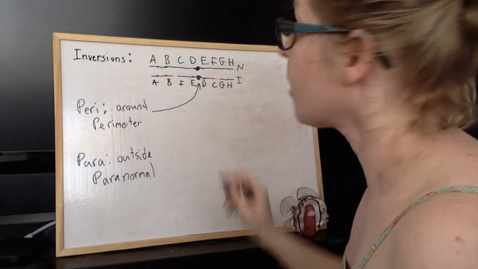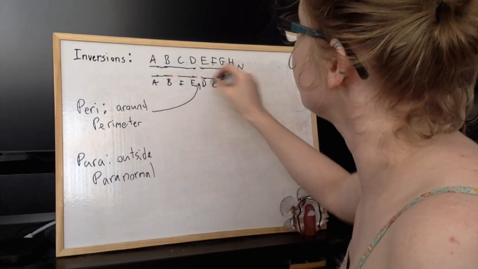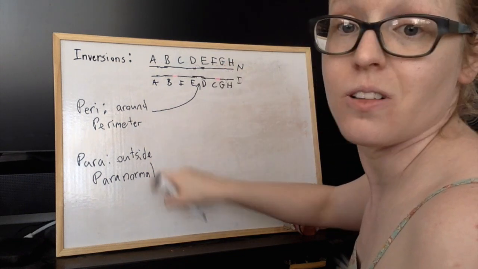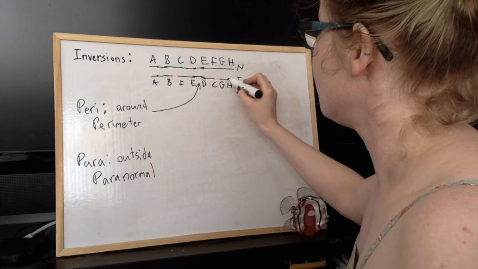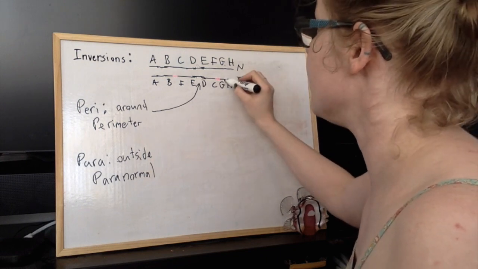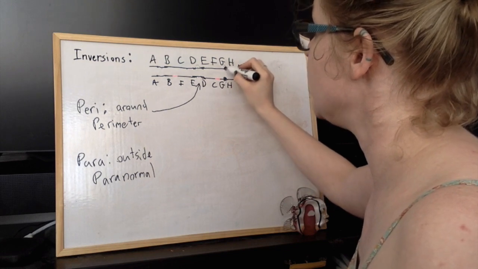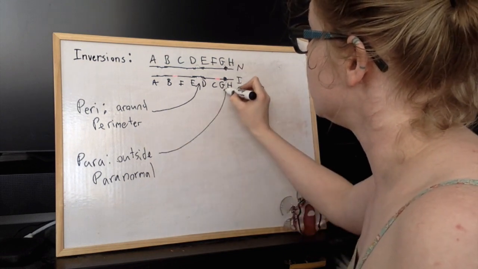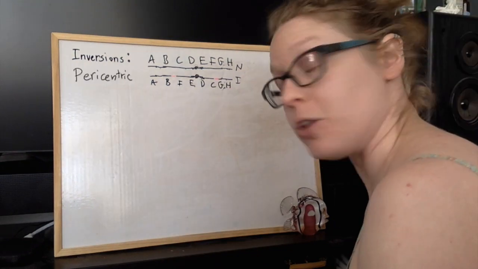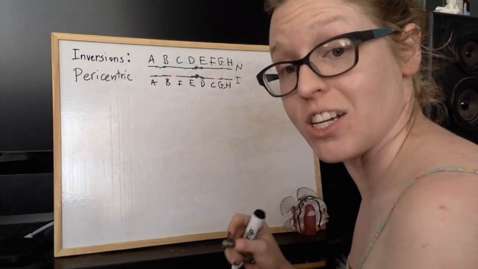Peri. A paracentric inversion would be an inversion where the centromere is outside of the inversion, like between G and H. Our example is a pericentric inversion.